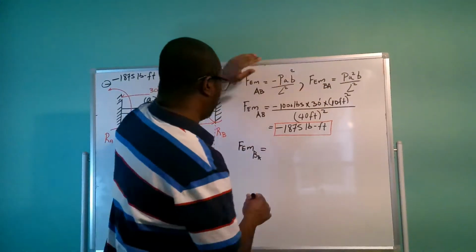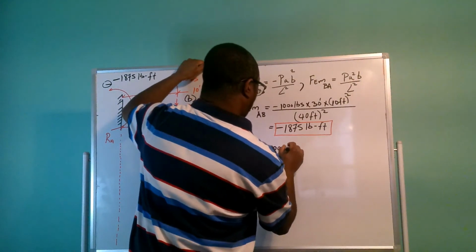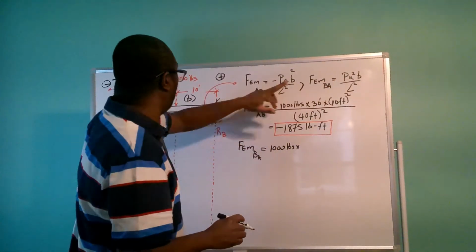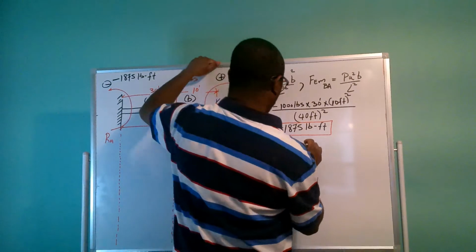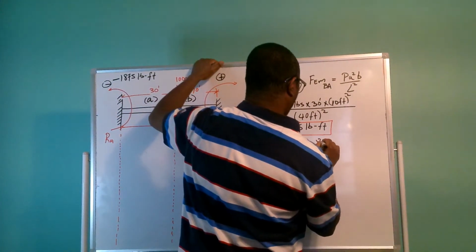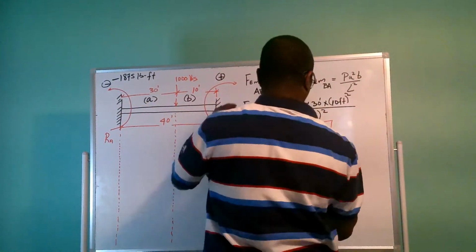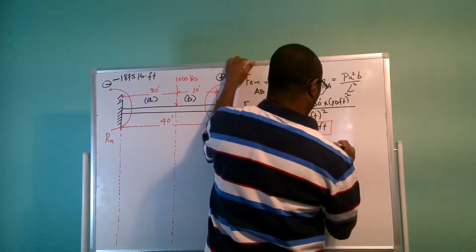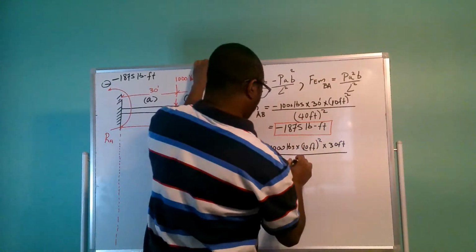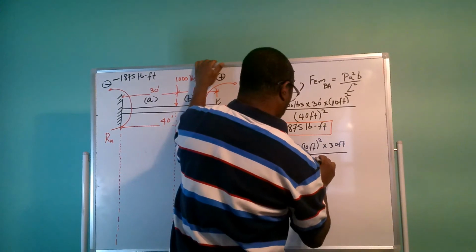So this is going to be 1,000 pounds times A squared, so we square A now, and A is 10 feet squared, times B, and B is 30 feet, over 40 feet squared.